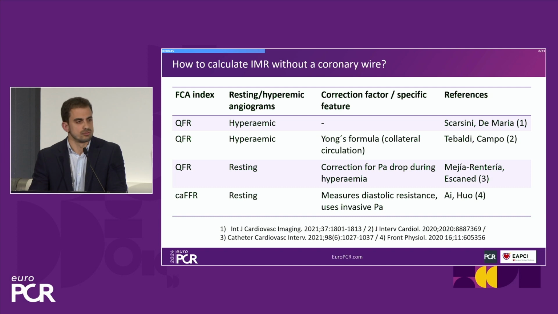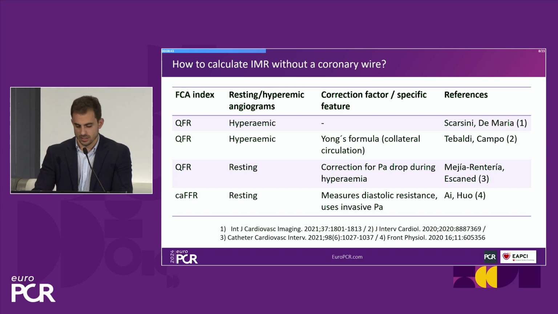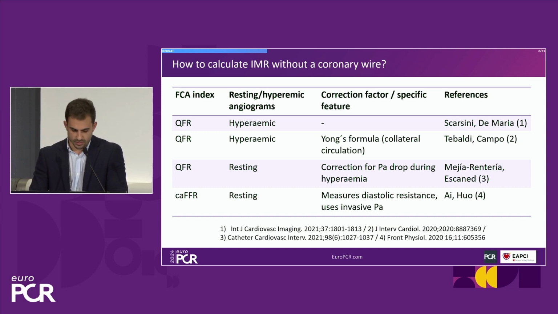Several approaches to angio-IMR have been developed by several groups. First of all, a group by Scarsini and De Maria, using QFR and hyperemic angiograms, came out with the IMR angio index. Also, Tebaldi and Campo, using Young's formula to correct the collateral circulation effect.